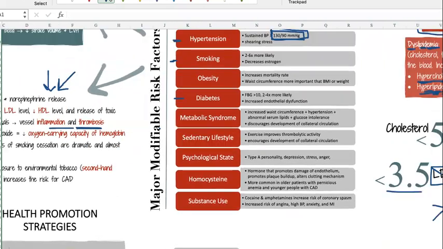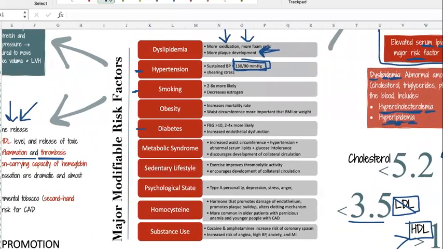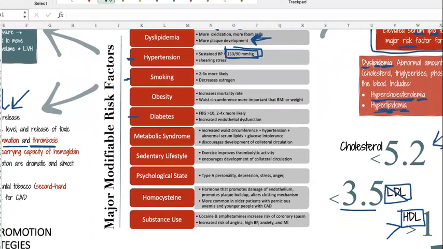And so those are really your big ones: the dyslipidemia, hypertension, smoking. I'm going to skip obesity for a second and just talk about diabetes, because it's really one of those top 3 or top 4. You're actually 2 to 4 times more likely to develop coronary artery disease if you have diabetes. Many people don't even realize they have diabetes until they have a coronary incident.